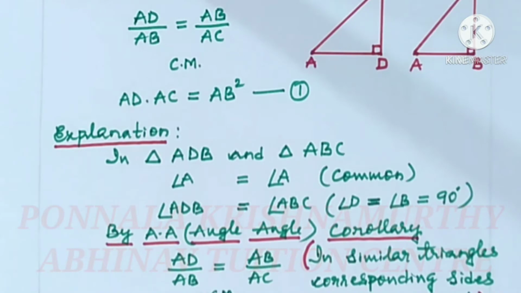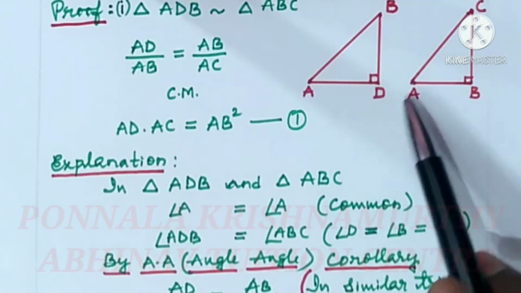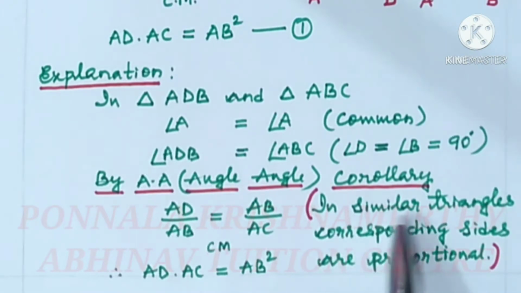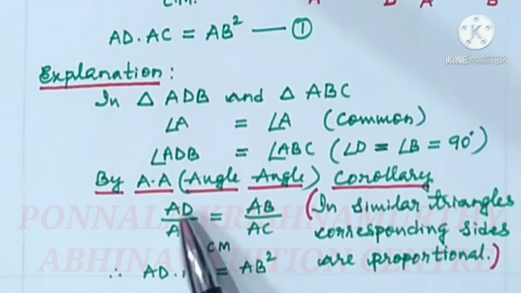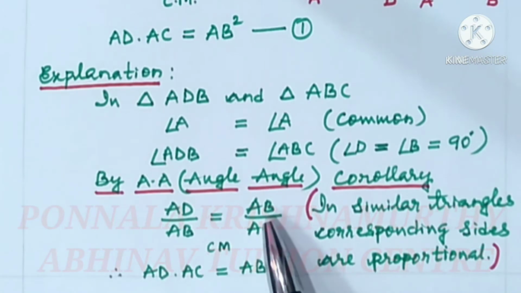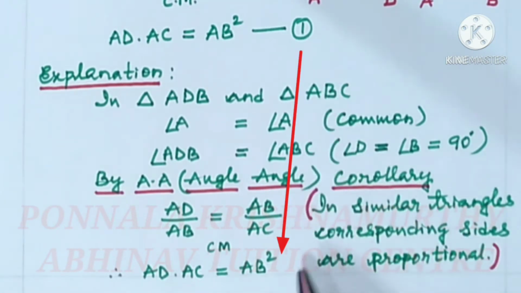AD by AB is equal to AB by AC, since in similar triangles corresponding sides are proportional. Then AD into AC is equal to AB into AB, that is AB square. That is equation 1.